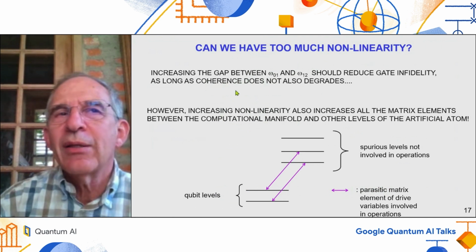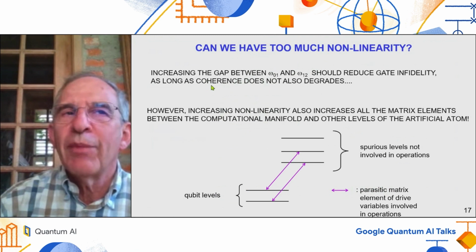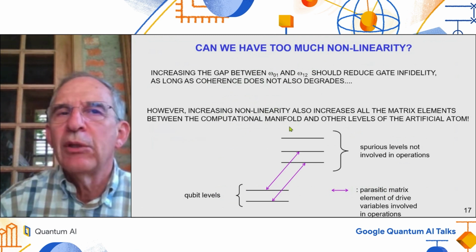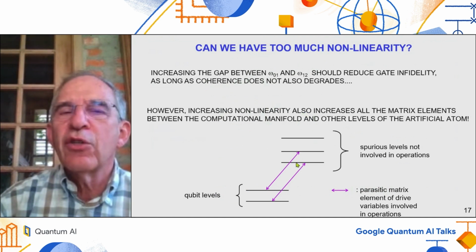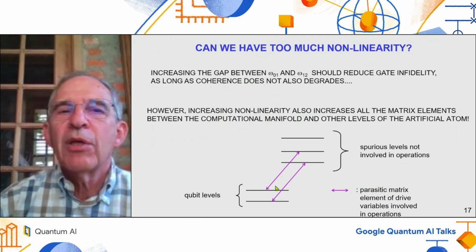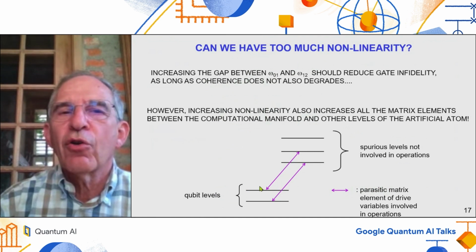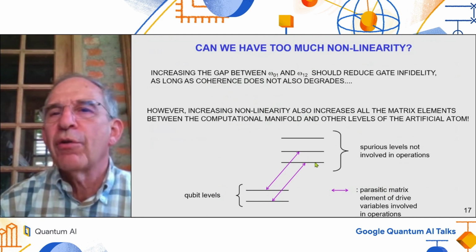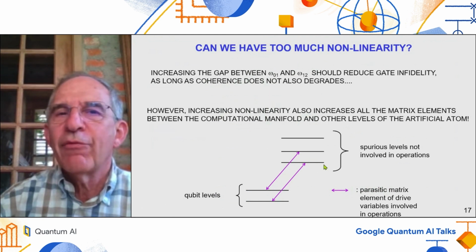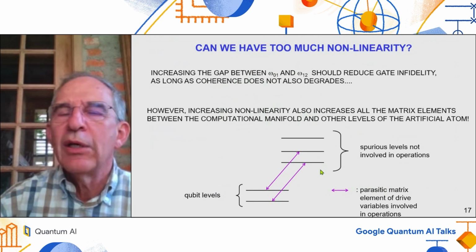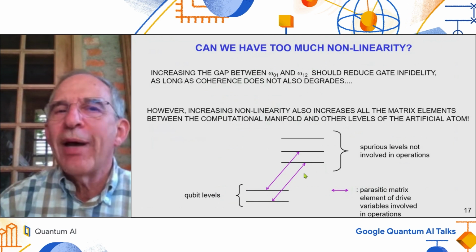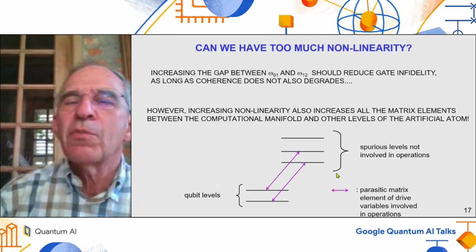But even then, even if you could maintain coherence, there's an additional important problem. As you increase the non-linearity, you also increase matrix elements between your qubit levels, your computational manifold, and spurious levels, which are not involved in your operations. Those levels are spurious, and so you have to manage all these spurious transitions.